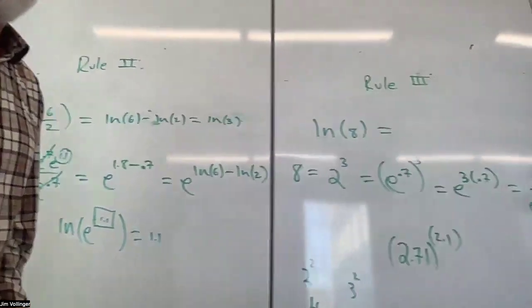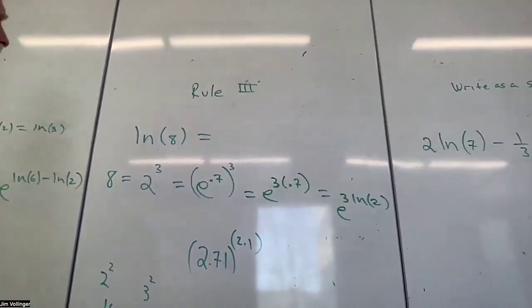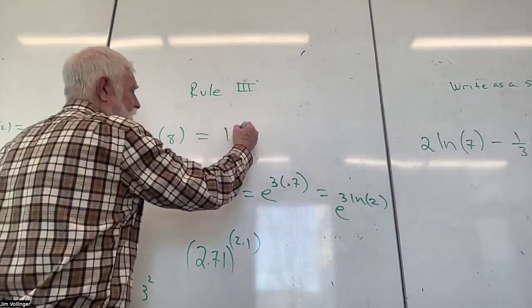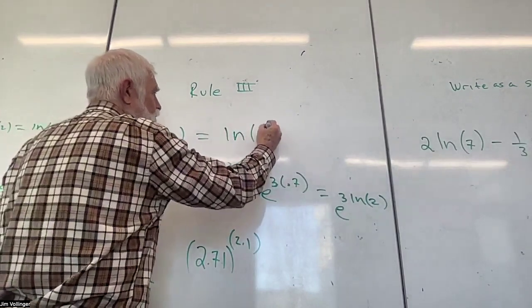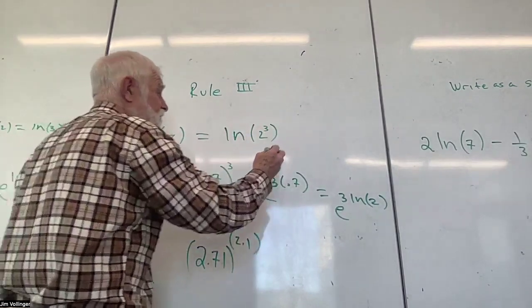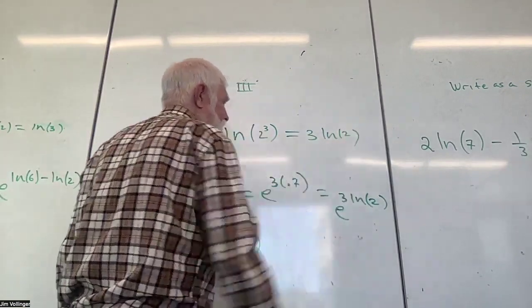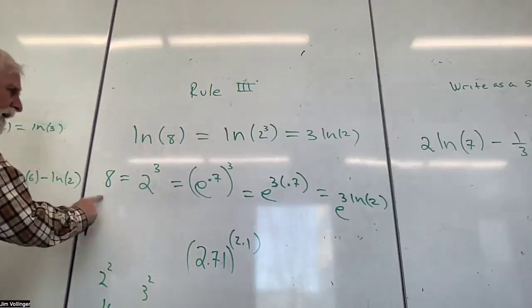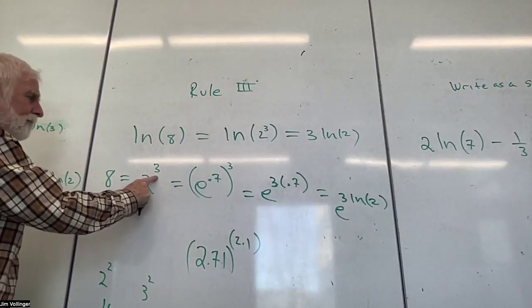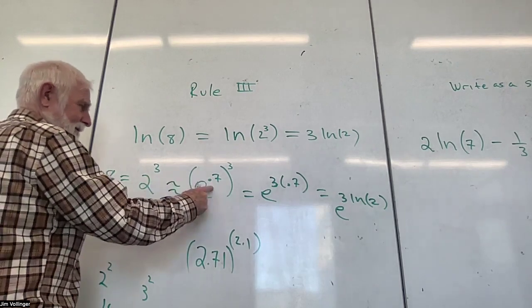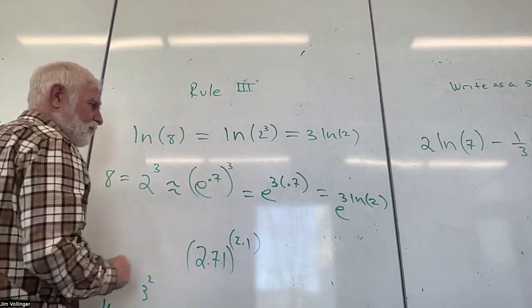Rule 3. ln of 8. I'm going to show that that's the same thing as the ln of 2 cubed. And I'm going to show you that that's the same thing as 3 times the ln of 2. So 8 can be written as 2 cubed, 2 approximately e to the 0.7, times 3.